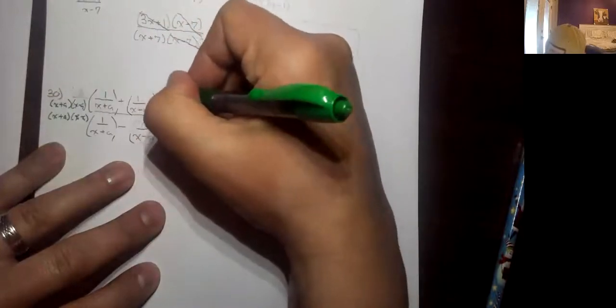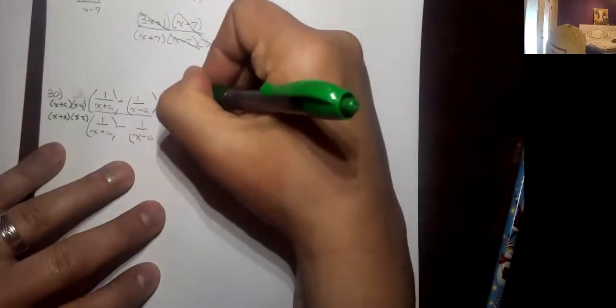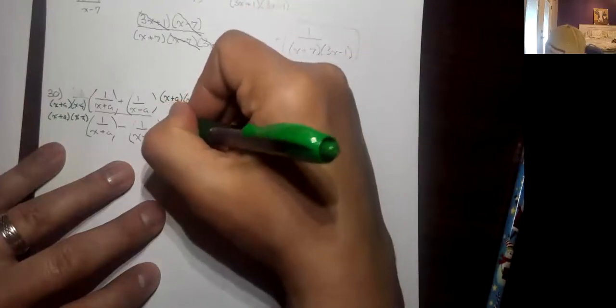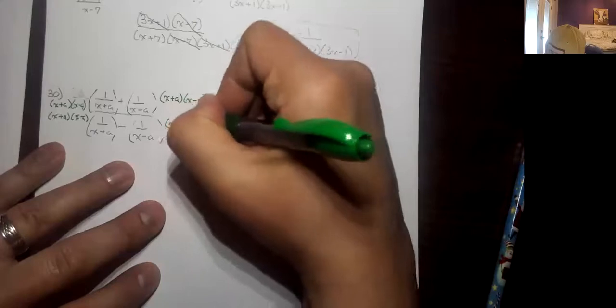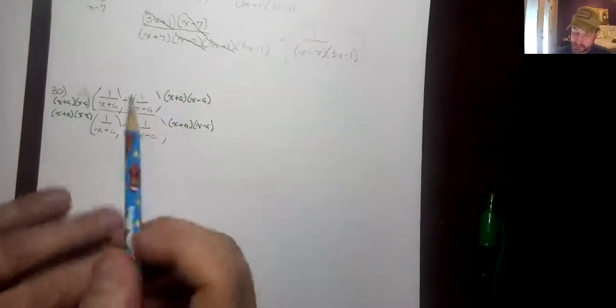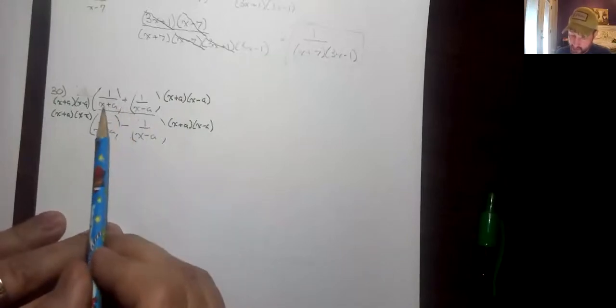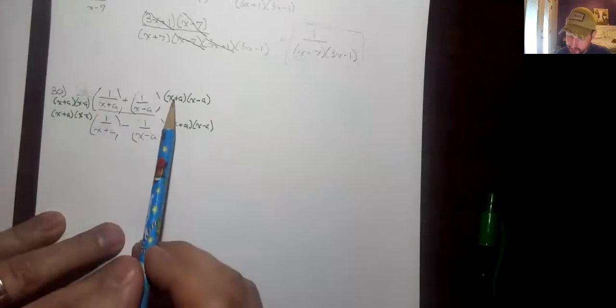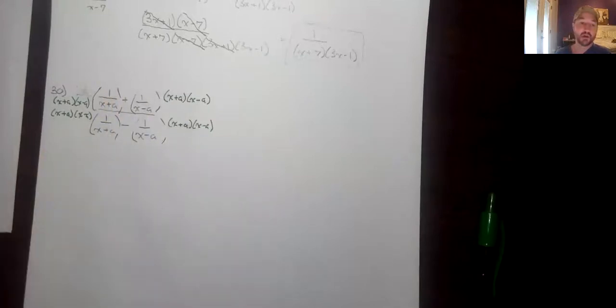What I'm doing, and hopefully I write it right, my LCD, when I have quantities, is just all the quantities together. I have an x plus a, an x minus a. Same thing on the bottom. My LCD is x plus a, x minus a. Now don't distribute those. Don't multiply them together. Leave everything factored out, because that's what helps us see what we're going to cancel.